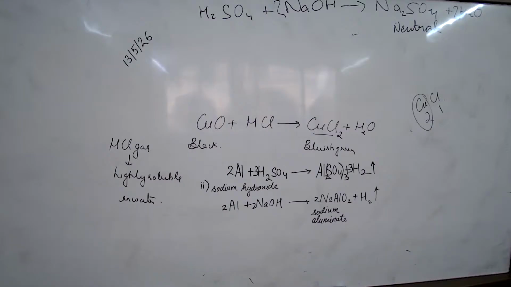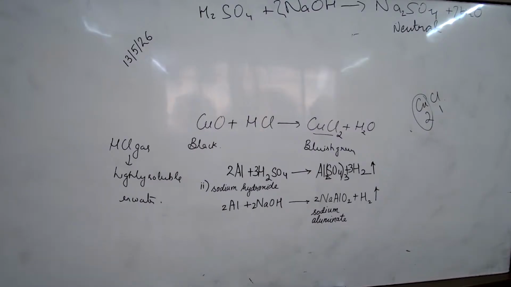Justify your answer. Universal indicator, you remember, if it is neutral, which color comes? Green. The red family is the acidic range and the blue family belongs to the basic range. So M and N give red and blue color respectively.